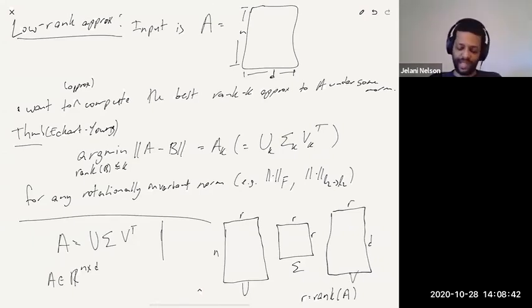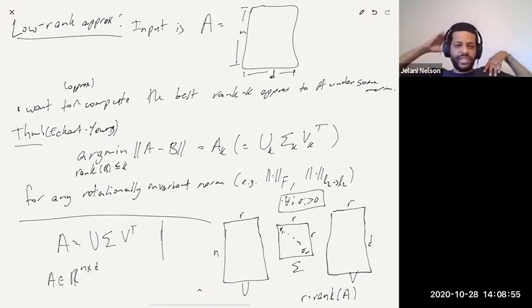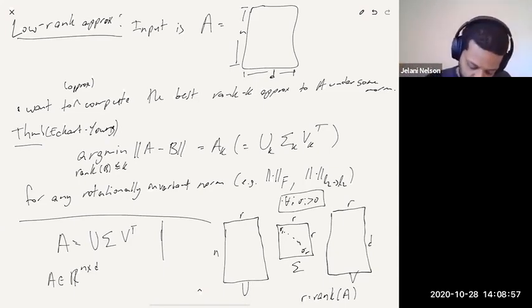So what is U_K sigma_K? It's what you might imagine. U_K means I basically take the first K columns here.